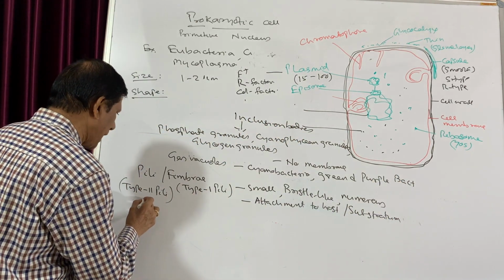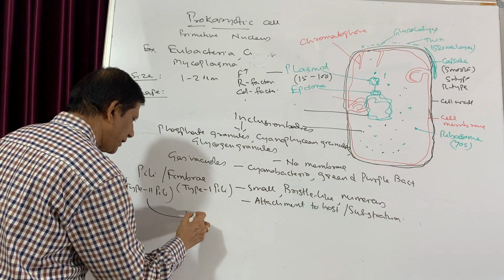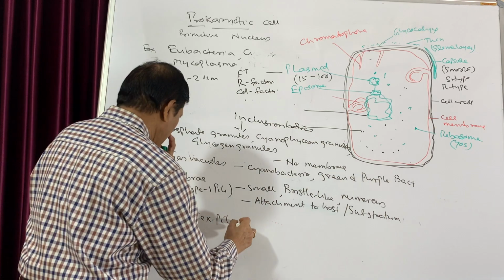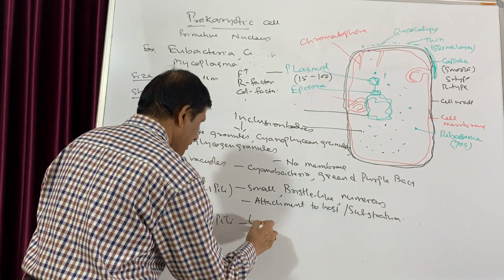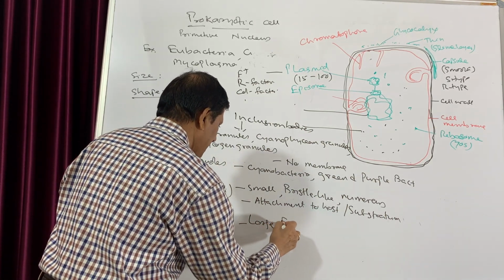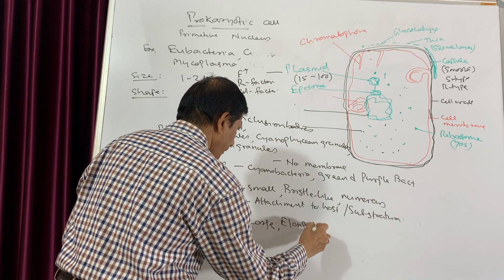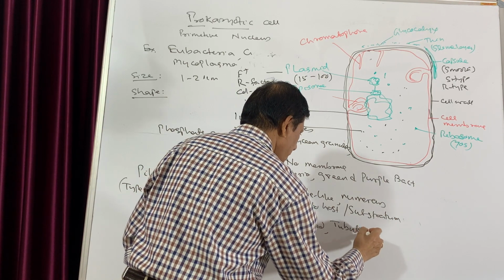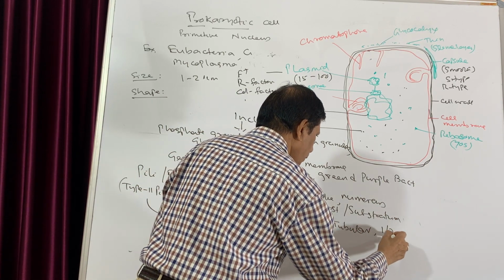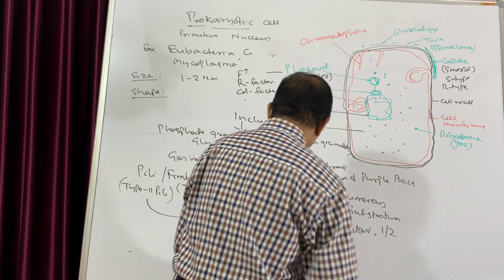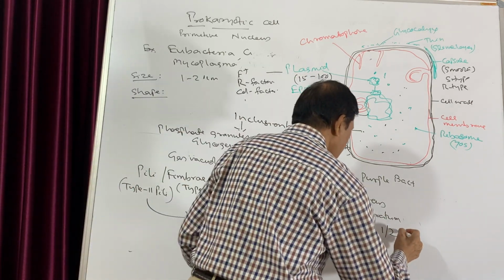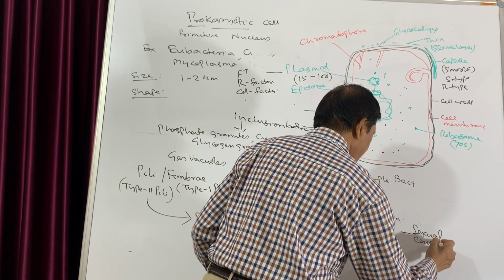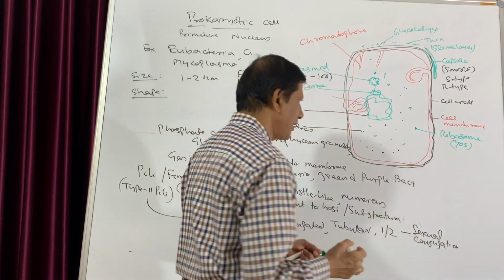While the type 2 Pili is also known as sex Pili, usually these are elongated, tubular, and one or two in number, and their main function is sexual conjugation. That means they help in sexual conjugation.